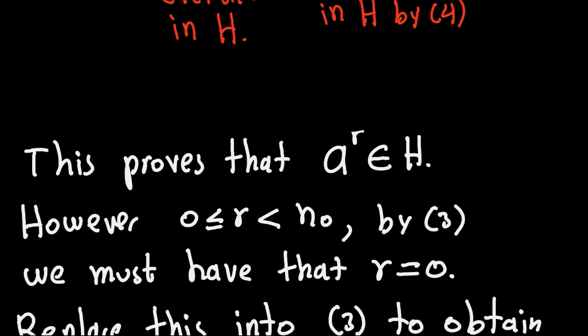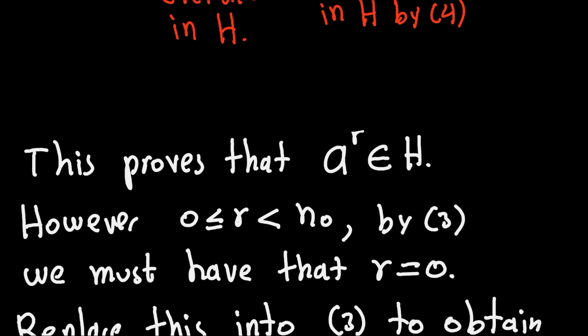But there is a property of R that we haven't used yet. R is bigger than or equal to 0 and less than n0. Now remember that n0 has the property that it is the smallest positive exponent that is in H. So A to the n0 is the smallest positive exponent that is in H. But what happens with this reasoning that we just did here?